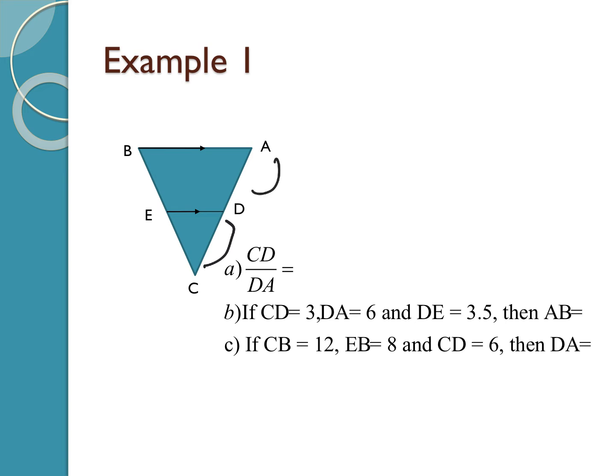Now, before I told you to do top over bottom, you can also do bottom over top. Just stay consistent. So since they started it for us, this is from the bottom, CD, over the top. So we need to pick the bottom over here, which was CE, over its top, EB.